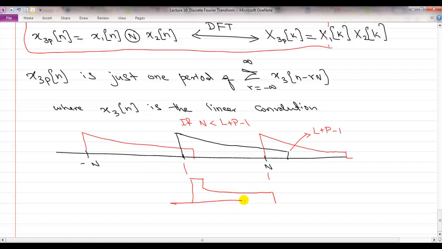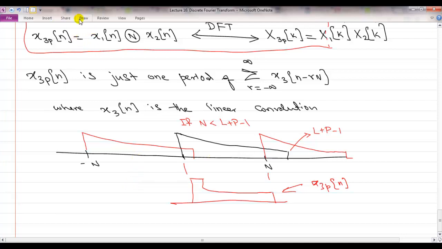So this will be my circular convolution if my n is less than L plus p minus 1. But if I did not have this overlap, then there will be no time aliasing of my linear convolution, and my circular convolution and linear convolution answer will be exactly the same.